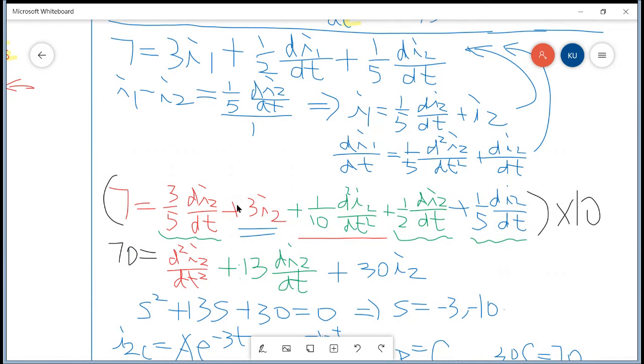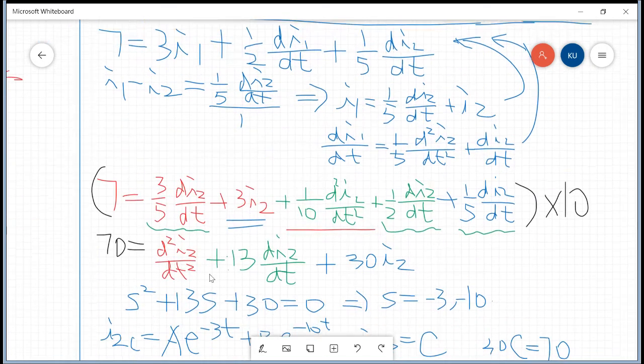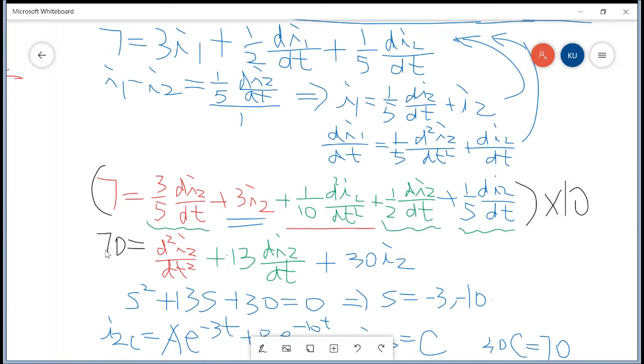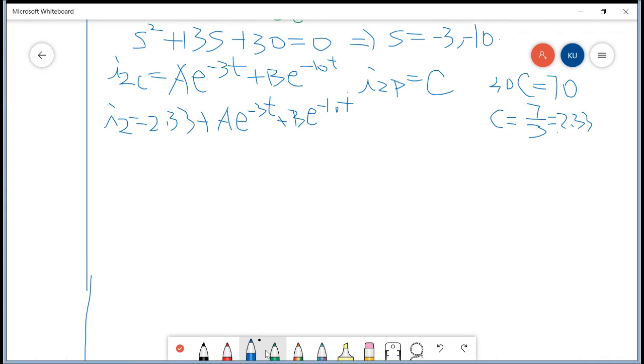So we need to pick our initial condition. I2 at 0 plus is 0, and the first derivative is also 0. So it will be easy to handle.